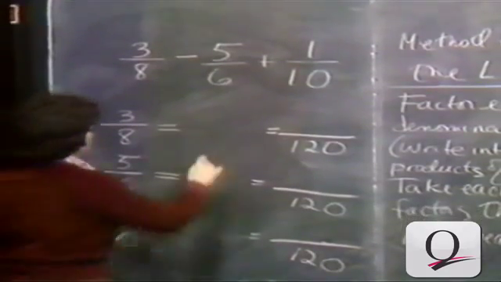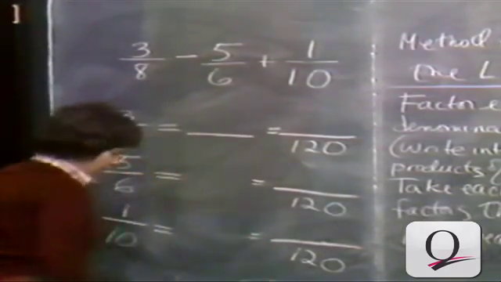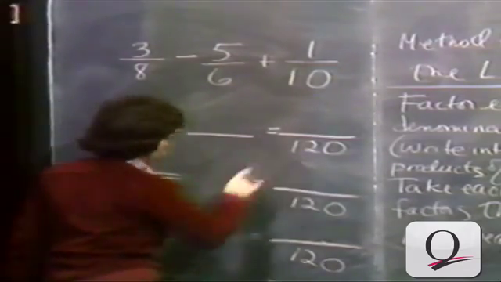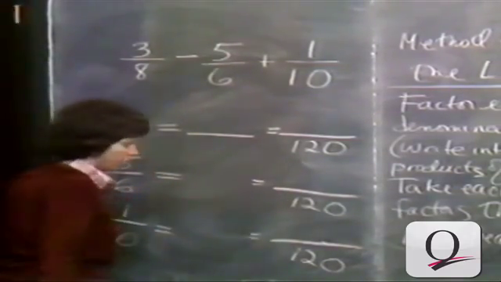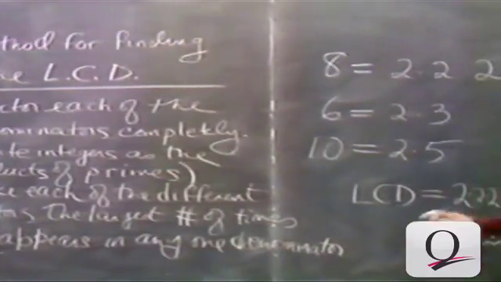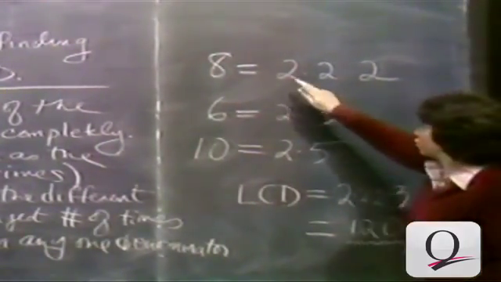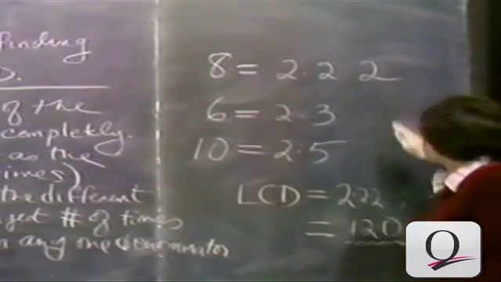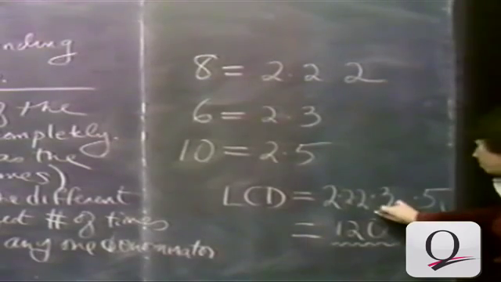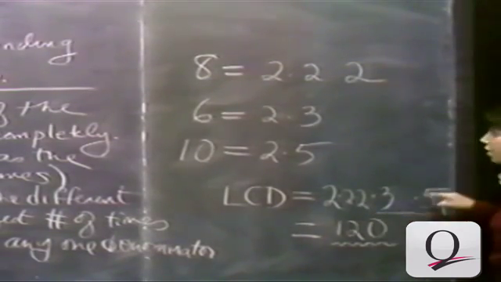Now, a nice way of doing this, of course, you can always use long division to figure out how many times 8 goes into 120 or 6 goes into 120. Another way of doing it would be to go over here and see that 8 is 2 times 2 times 2, and 120 is 2 times 2 times 2 times 3 times 5. So we can see that what we're missing is the 15, 3 times 5.